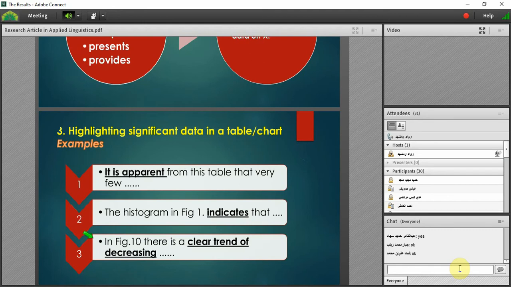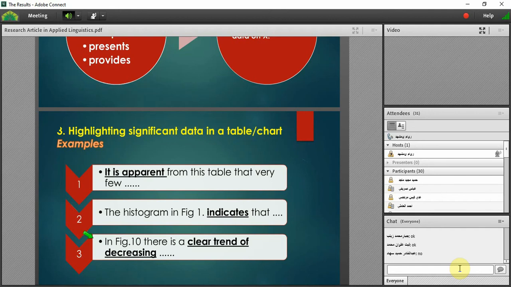Let me repeat my examples, my students. Suppose you have a table full of numbers. Can you readily and easily identify the relationship between the variables? It's very difficult.